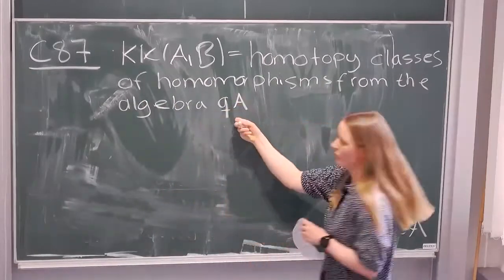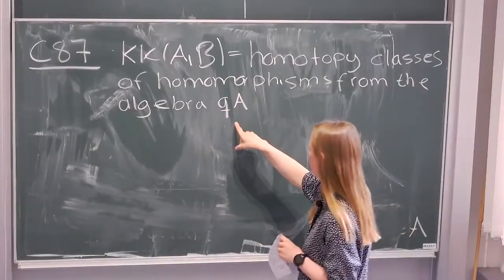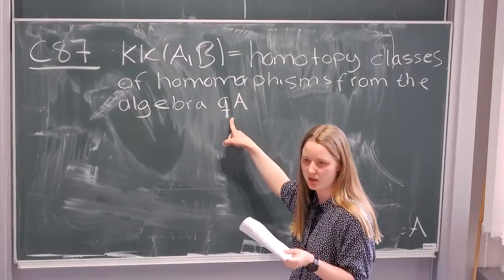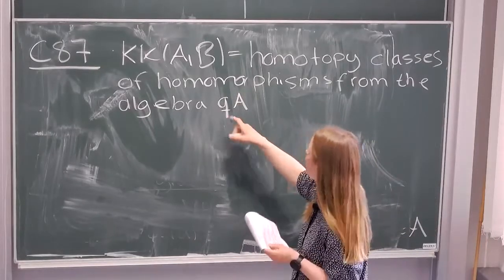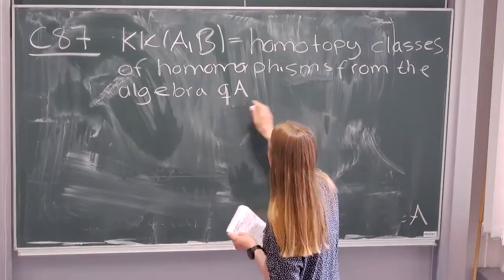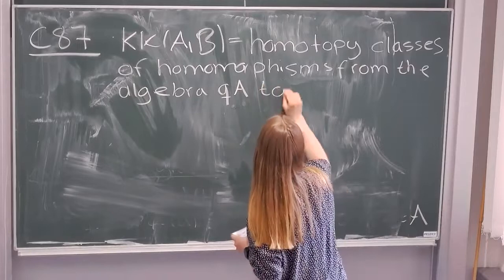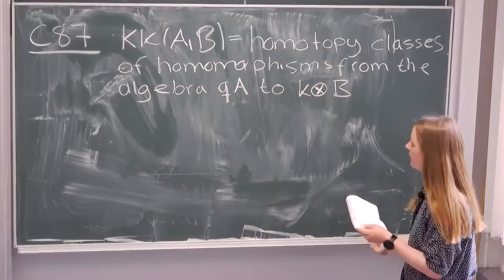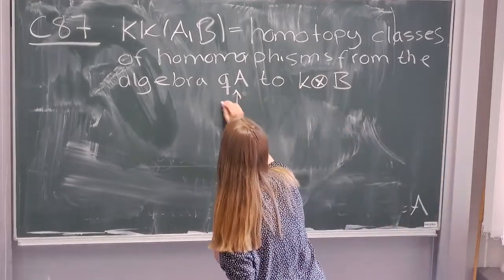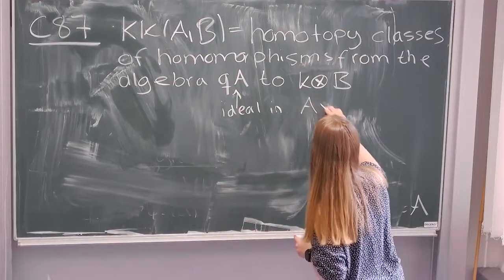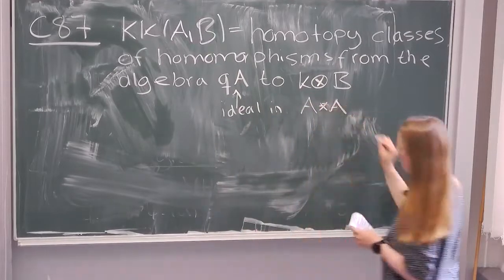I will define it for you soon, but this is a subalgebra of the free product of the C*-algebra A with itself. I will also explain what this is. So, tensor K tensor B. Here QA is actually an ideal in the free product of A with itself.